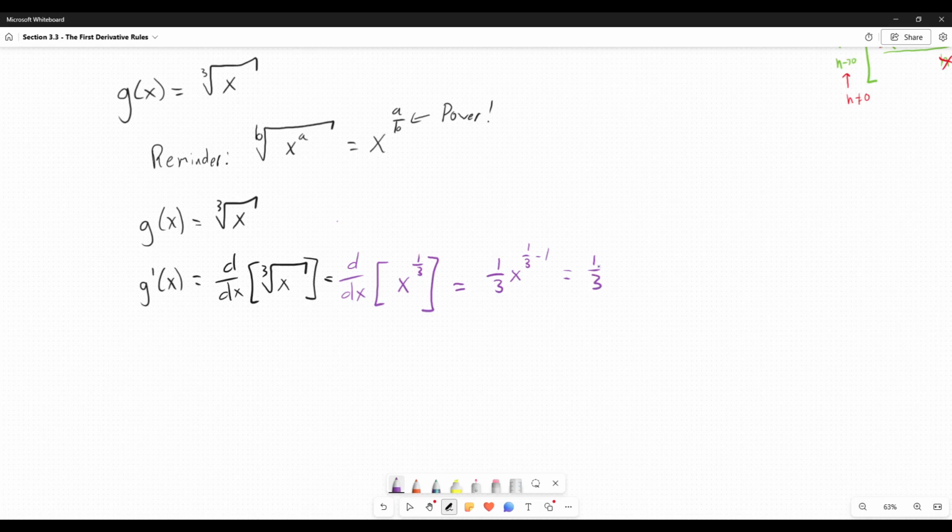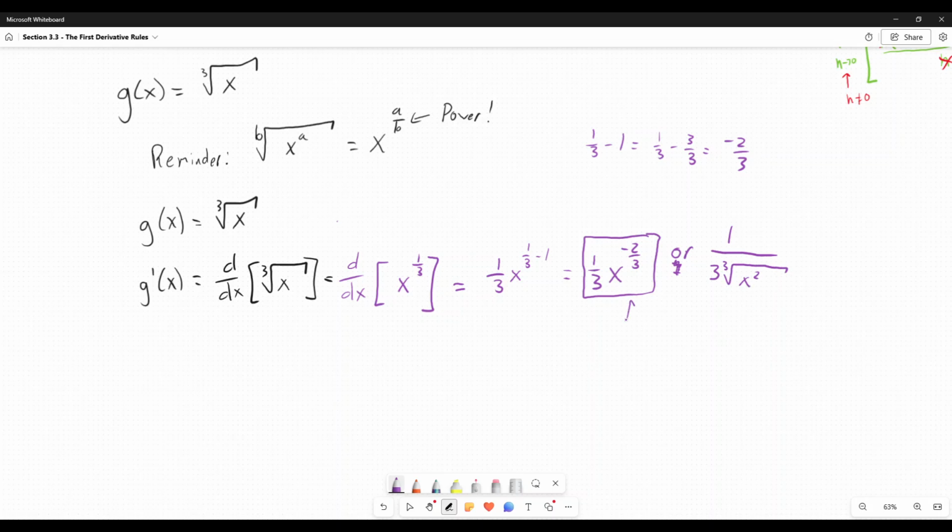And what do we get? 1/3 times, you can think of 1/3 minus 1 as 1/3 minus 3/3, which comes out to be x to the power negative 2/3. Now, if you really want to rewrite this, the negative tells me to reciprocate it, and the over 3 tells me to take a cube root, this is also 1/3 times the cube root of x squared.